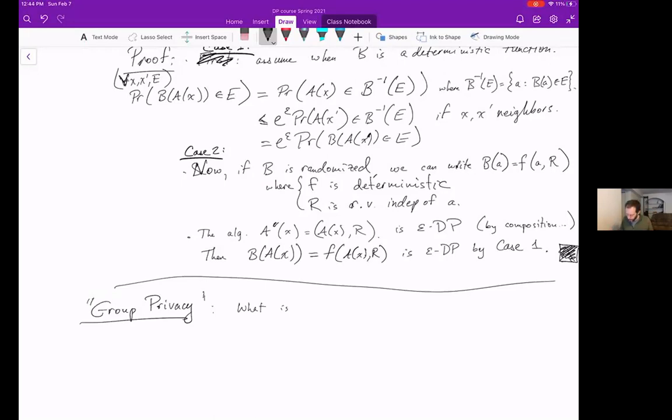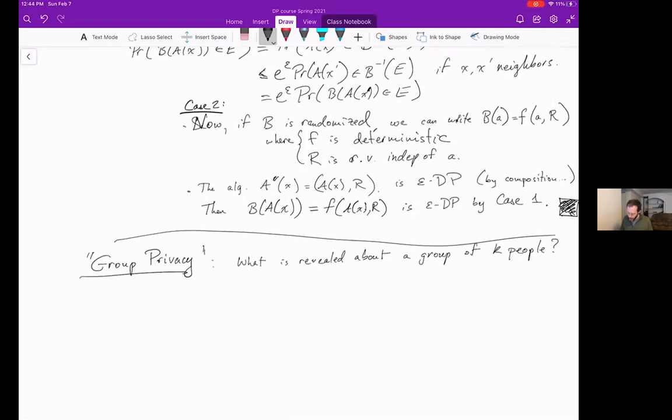So the question we're asking is what's revealed about a group of, let's say, k people for some integer k greater or equal to 1. Here's our lemma.